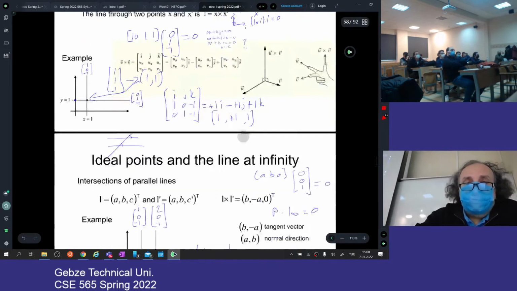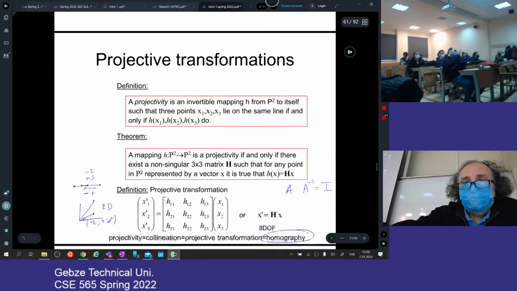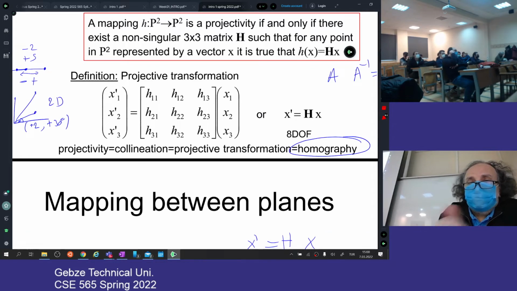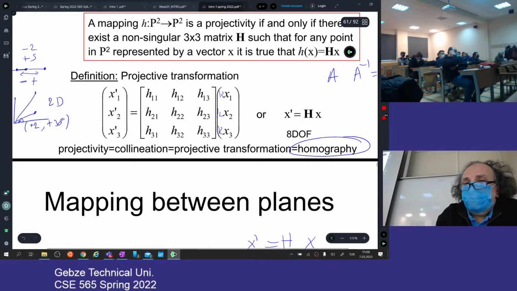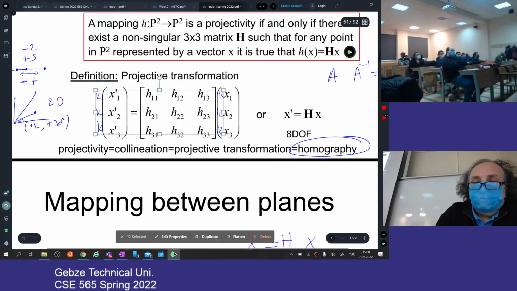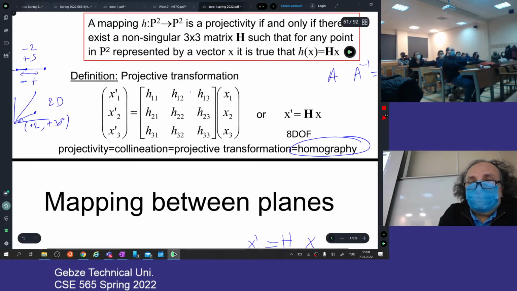So if I do this, k times x1, k times x2, k times x3, it will be the same as this. Or instead of doing that, if I multiply each of them by k, it will be the same projectivity, right?